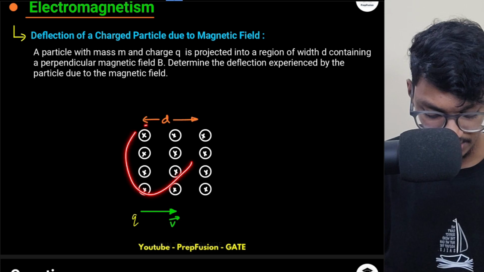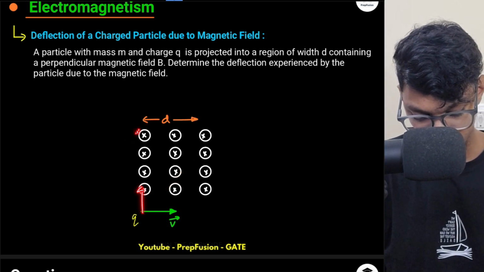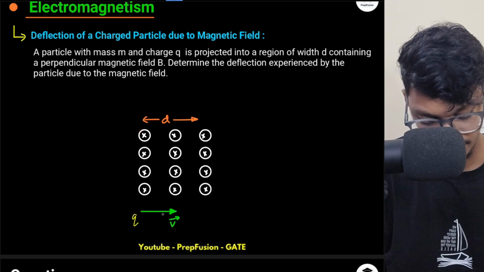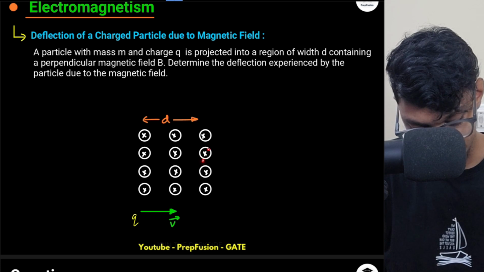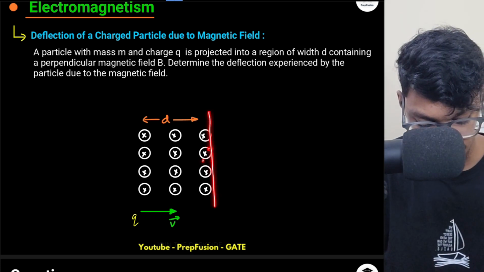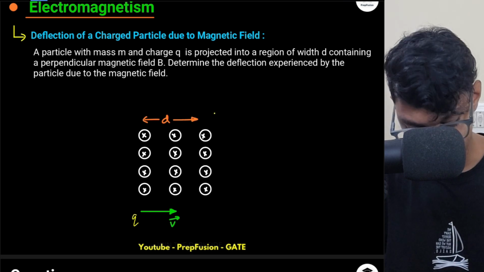Due to this magnetic field, again I will apply v cross b. I will get some force about some center and radius of curvature. So it will deflect at this point, then it will deflect at this point, and just at the edge, this is the edge where there is no magnetic field on the right hand side.